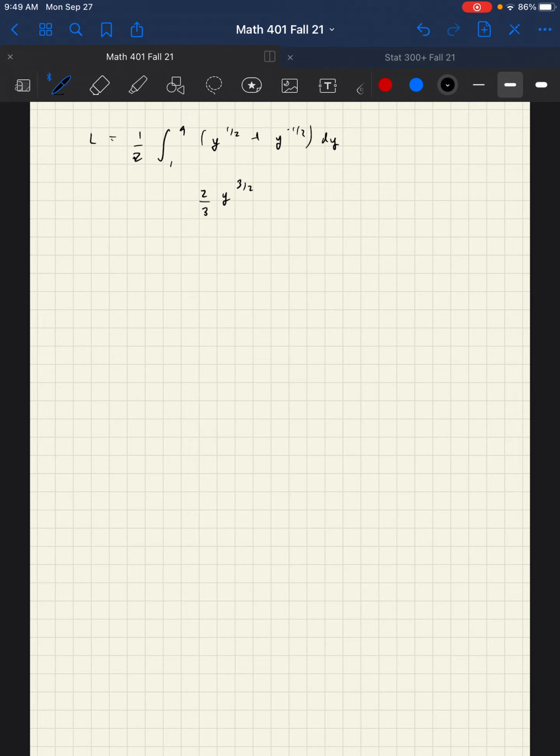Okay. Lastly, if we're going to perform this integration, then we have 2/3 y to the 3/2. And then that's going to be 1/2, so 2 y to the 1/2, evaluated from 1 to 9.